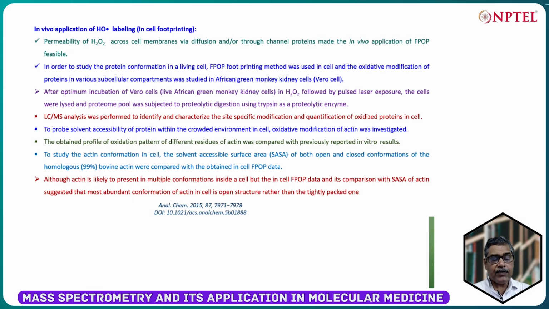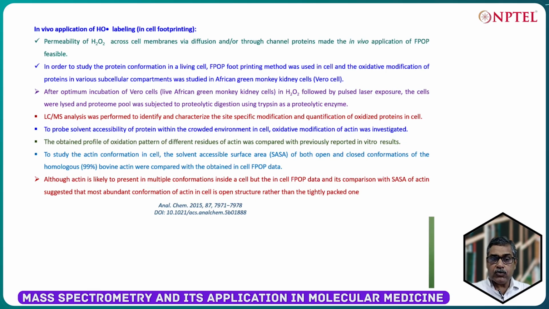So, permeability of H2O2 across the cell membrane via diffusion or through channel proteins made the in vivo application of FPOP feasible. Unless H2O2 goes inside the cell, we cannot generate hydroxyl radical there and make use of its reactivity to react with different conformations of proteins present in the cell.